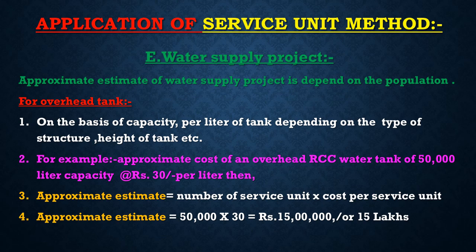Approximate cost is equal to 50,000 multiplied by 30, which is 15 lakhs for the 50,000 liter capacity water tank. This is the service unit method. In this, the service unit is a must for the calculation of approximate estimate, and the cost per service unit is also necessary.